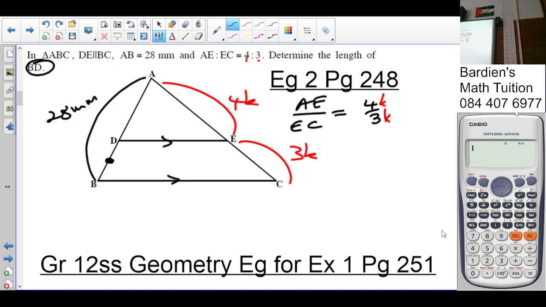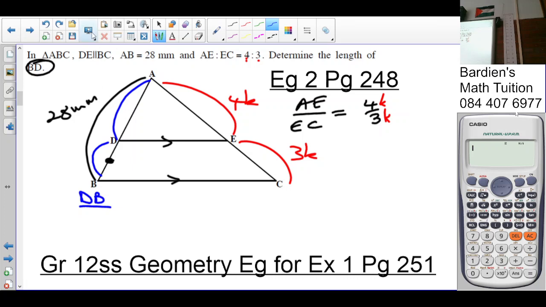Right, so we would like to try this one. Firstly, we would have to use DB. Why? Because I need to calculate DB. So what do I say? DB over. Do you think I'm going to go with DA? No, why not? We don't know what DA is.